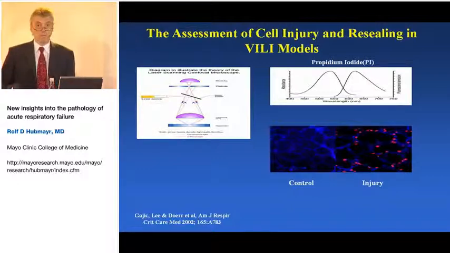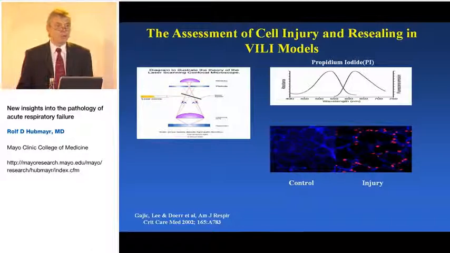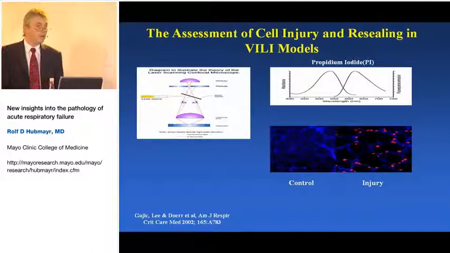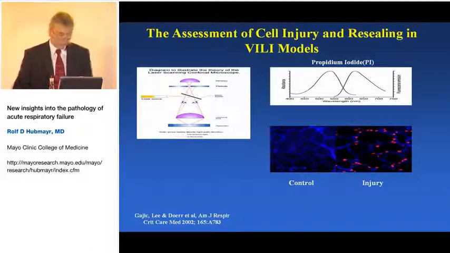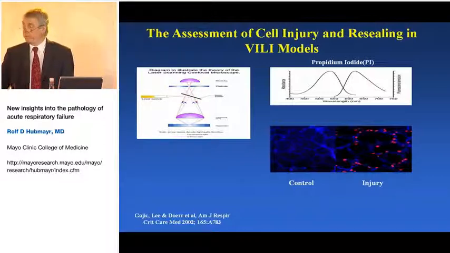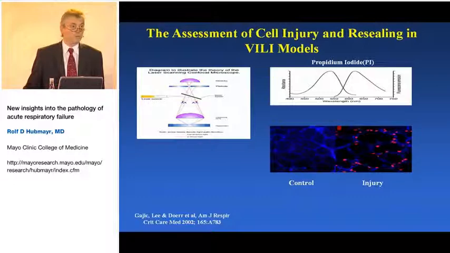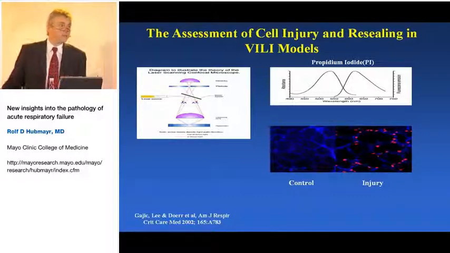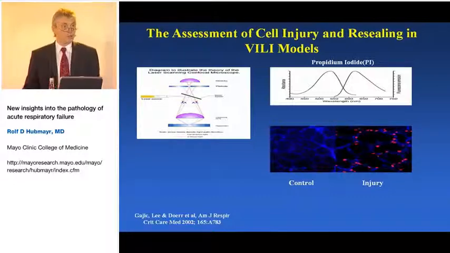We've discussed methods with which one can demonstrate the phenomenon in experimental animals, as is shown here. A subpleural image, an optical slice of a lung that has been mechanically ventilated at an injurious setting.